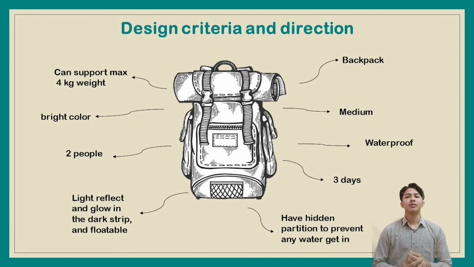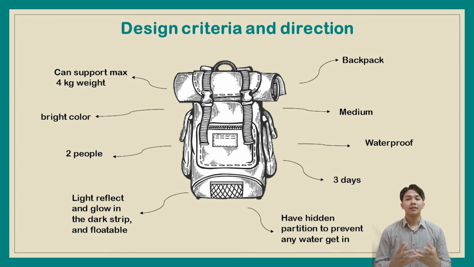Based on the questionnaire result, here is our product specification: backpack type, medium size, which is 350 mm length times 200 mm width times 500 mm height, using waterproof material, able to survive 3 days, with more partitions, also a hidden feature like light reflect and glow in the dark strip, and also floatable on water. It suits 2 people only.